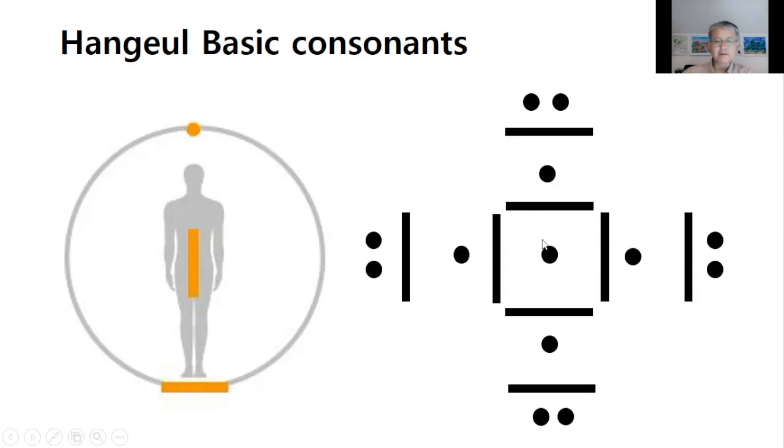As you see here, this is the sky, this is the earth, and this is the people. So if you add one sky to the people, or two skies, like this, then this is how the vowels change.